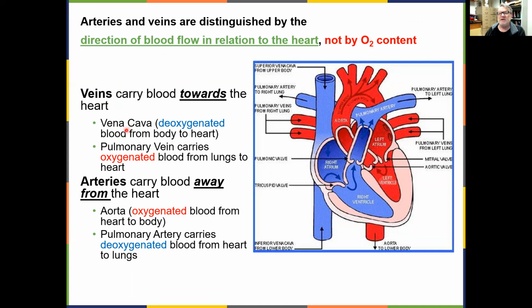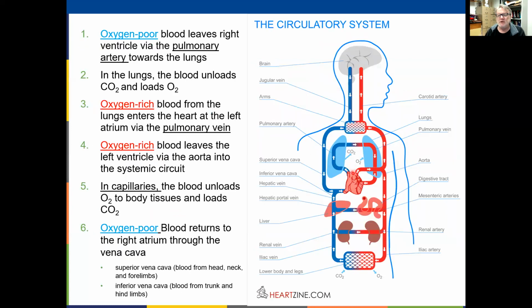So the vena cava is carrying deoxygenated blood from the body to the heart. Okay, so if I were to just think that a vein carries deoxygenated blood, what's the problem with that? Because there are other veins that carry oxygenated blood, for example, the pulmonary vein. So let's go back to our previous picture.